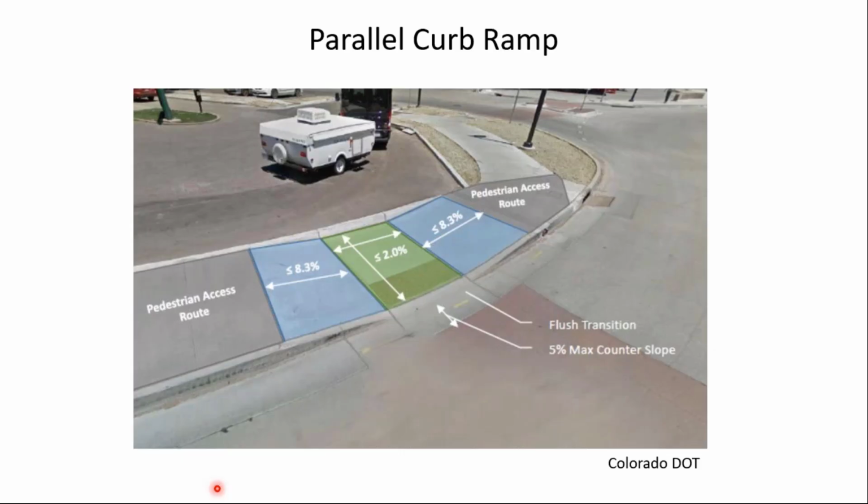What I would say is look at it from a user standpoint and see what the grades are and so forth. And if it's really steep and a long distance, you think about maybe putting in a level landing just as a resting area for someone using a mobility device, an assistive device.